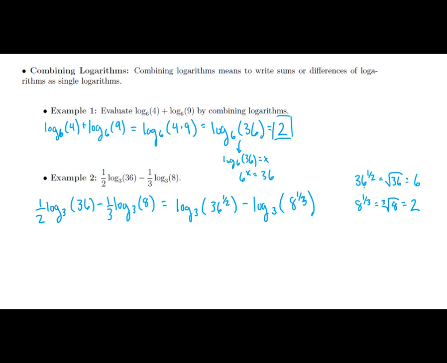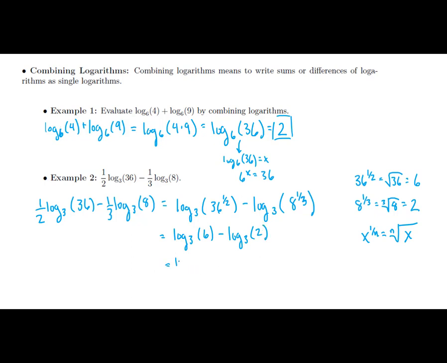All right, so just remember that in general, if you have x to the 1 over n, that's the same as the nth root of x, right? So that's the property we're using there. So in this first case, I can take the log base 3 of 6 and then subtract off the log base 3 of 2.